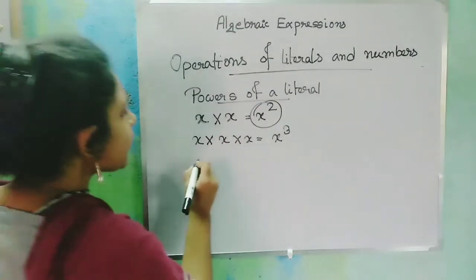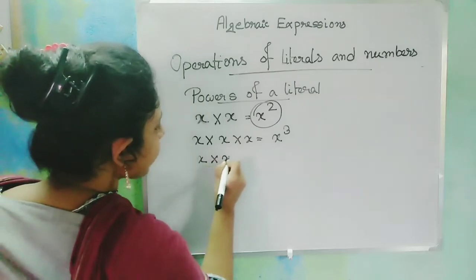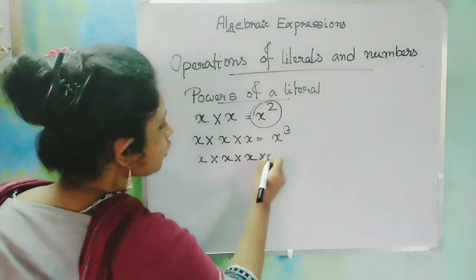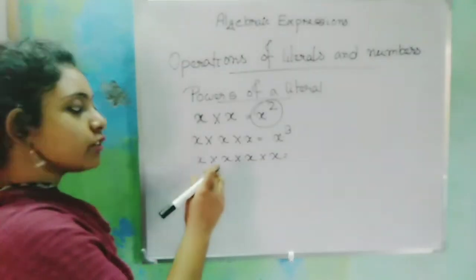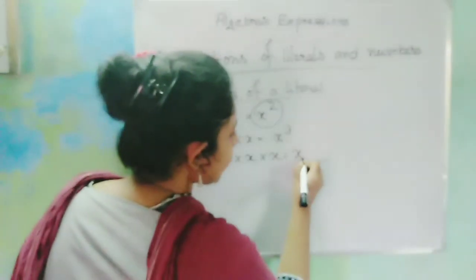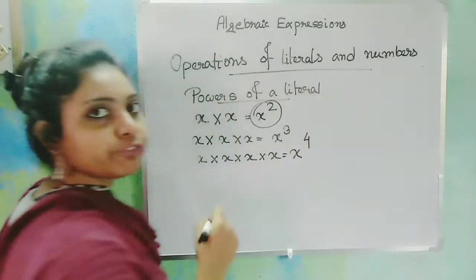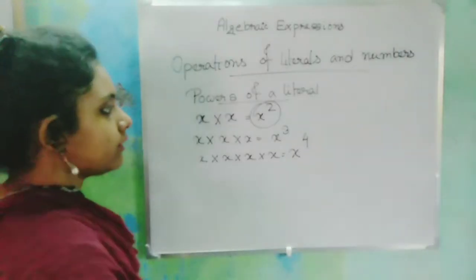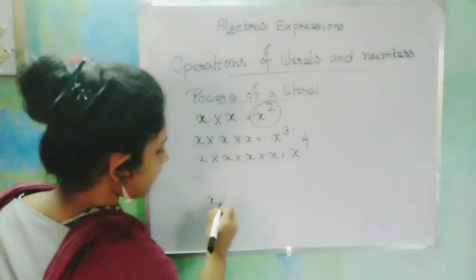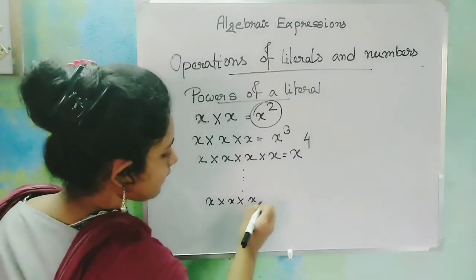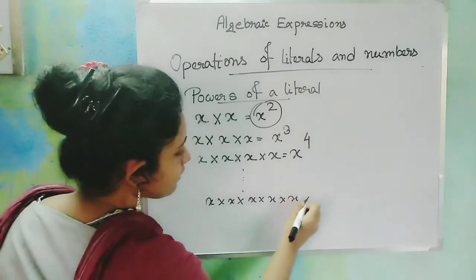Next, if we write x into x into x into x, there are 4 x's, so we can write x to the power 4, and so on, x into x into x into x into x into x.